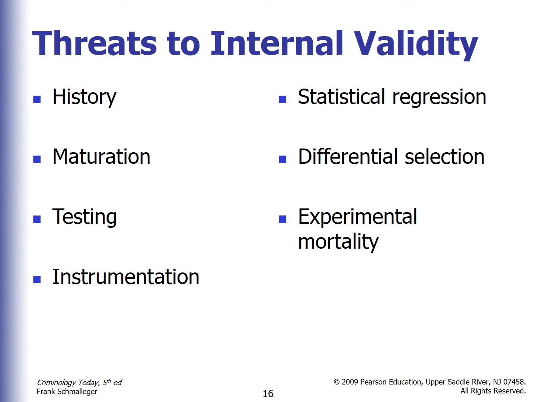And then there's experimental mortality. Well, how long is the study going to be? Some of the studies that you're going to read about, whether it be with regard to drug prevention programs in the schools, violence prevention programs in communities, in prisons, wherever, have experimental mortality.